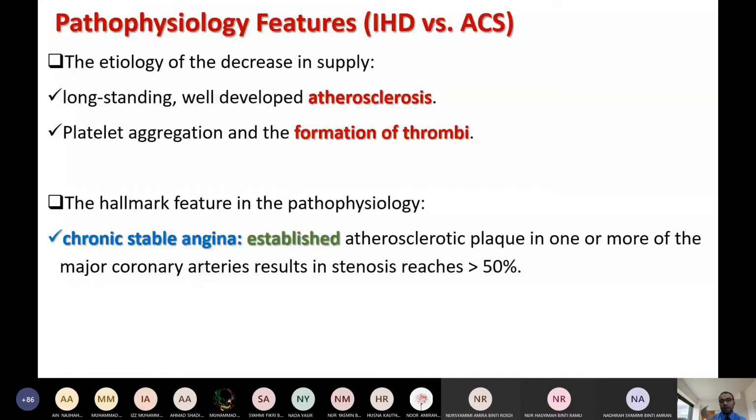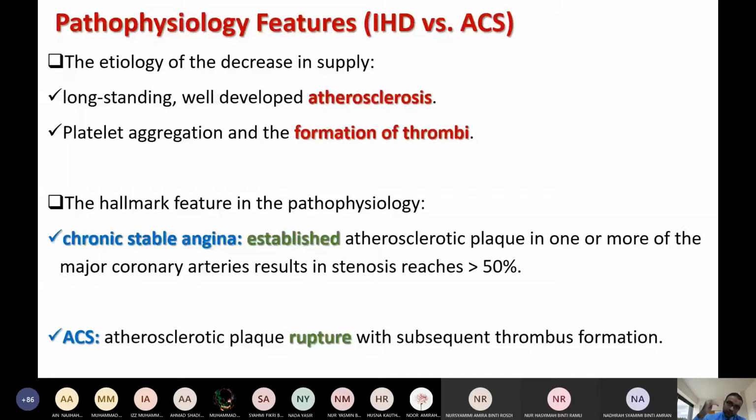The issue of the acute coronary syndrome, inshallah next week, is that the atherosclerotic plaque ruptures, the thrombus will come in, and the subsequent cascade of thrombus formation will take place. And that's how this acute nature comes, and this will be very serious if this thrombus has not been managed immediately.